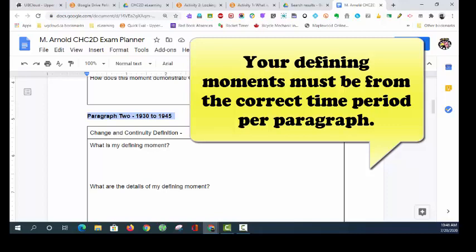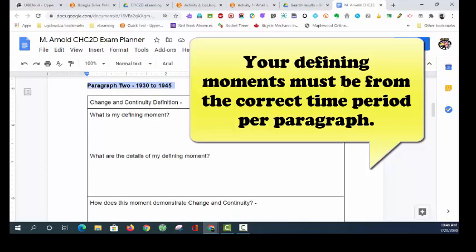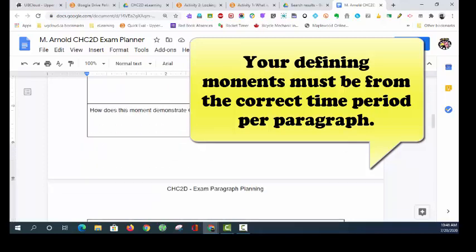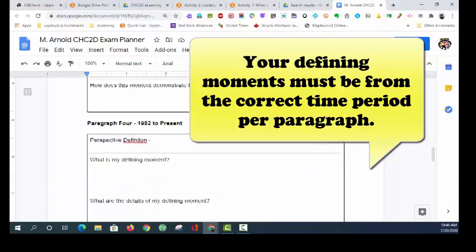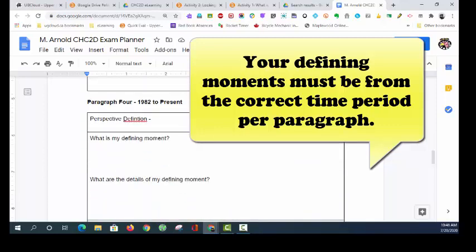Each of your defining moments must come from this specific time period. Paragraph 3 looks at the time period of 1946 to 1982. And paragraph 4 comes from 1982 to the present day.